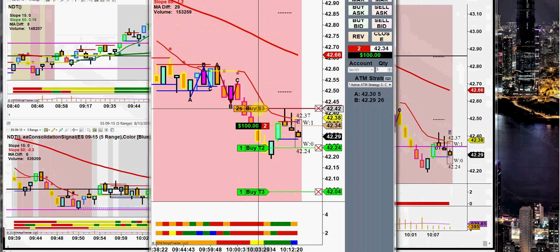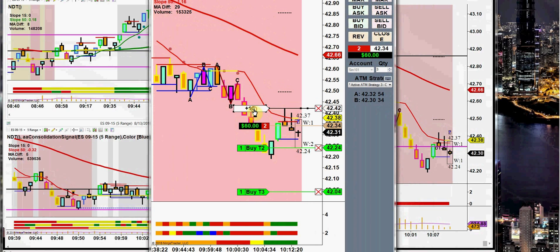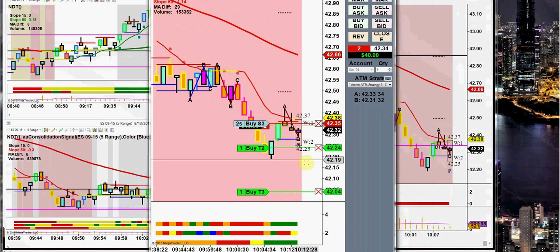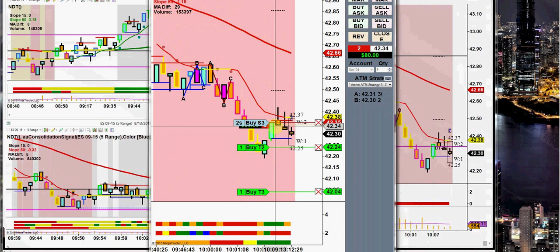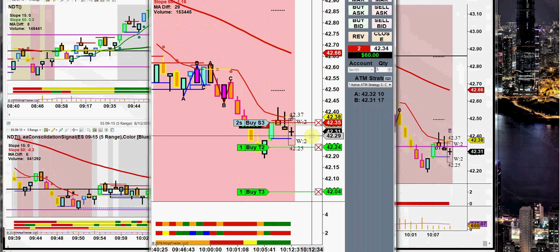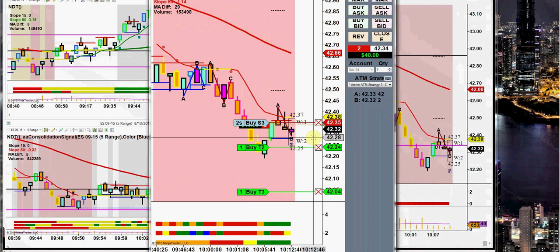Target filled. Alright guys, first target got filled. Pretty sure we should be at break even -1 here.